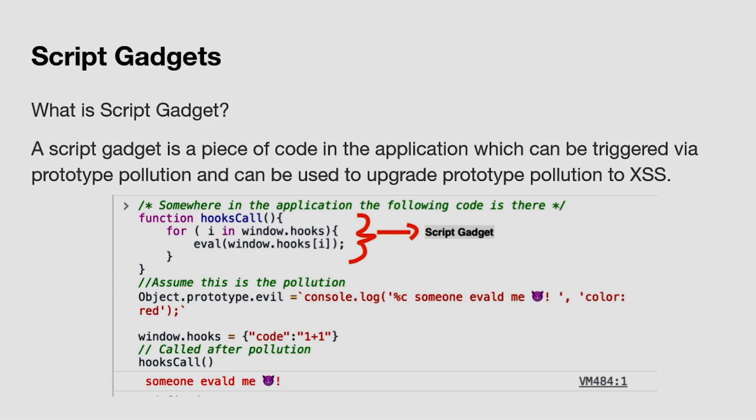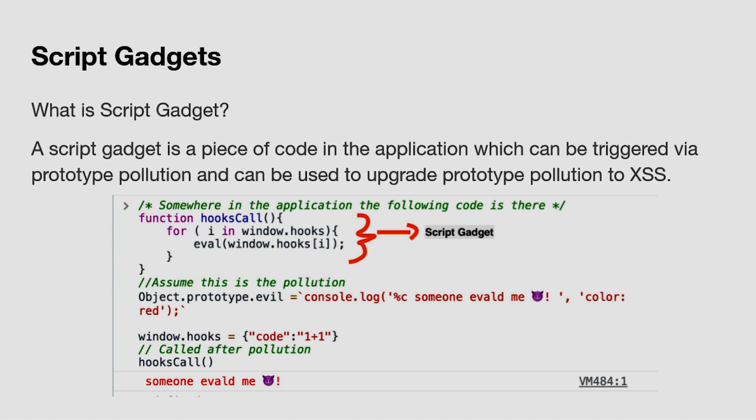In the case of client side, a script gadget is a JavaScript sink trigger which can be triggered via a prototype pollution. I just shared an example here. There is a function named hooks call. It iterates over the window.hooks object and evaluates all the window.hooks properties.